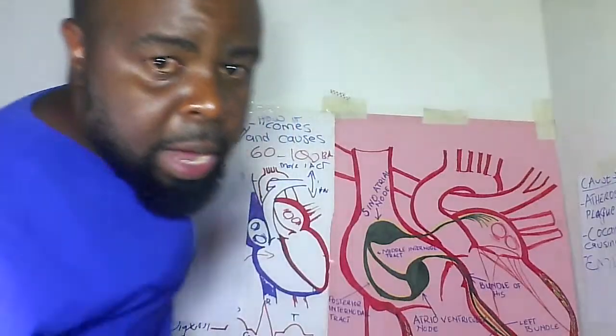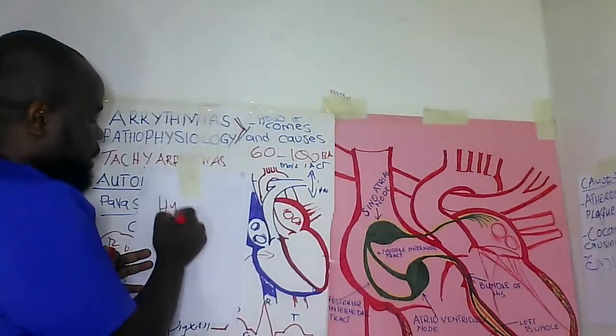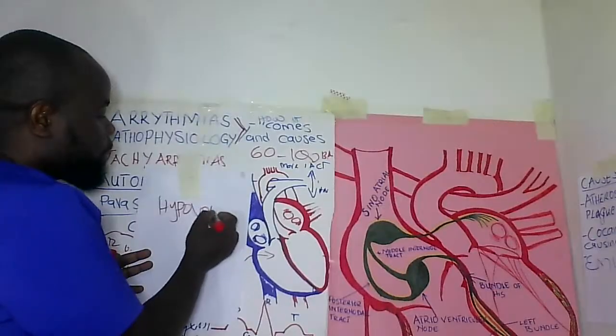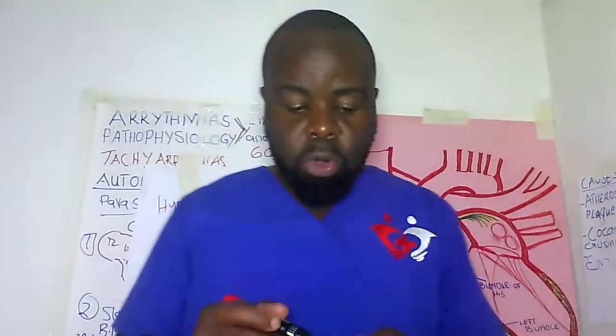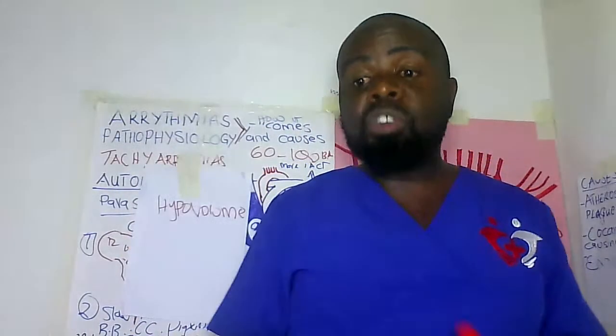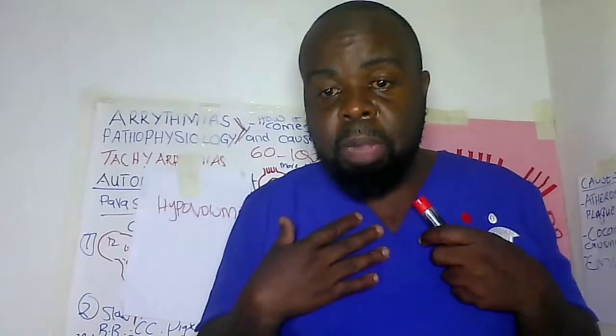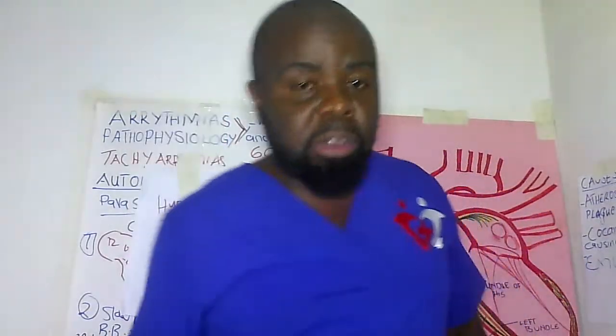What are those things? Yes, we have hypovolemia. Your blood volume is so low and your heart is beating so fast so that it can send enough oxygen to the brain, because you don't have enough volume of blood. Maybe you are cut and you have bled. Maybe you are having so much diarrhea.